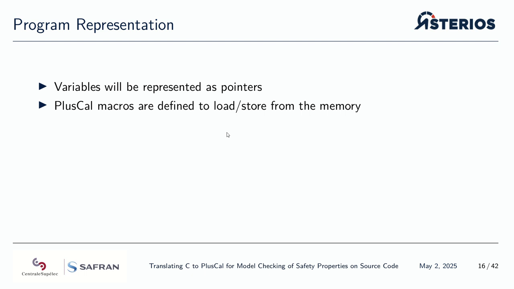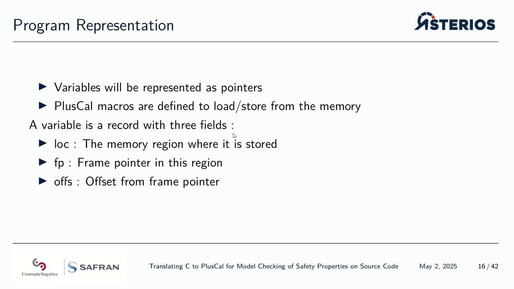To represent C variables, we will use pointers. So variables will be represented as pointers to their values in the memories. And PlusCal macros will be defined to load and store directly from the memory. When I say that variables will be represented as pointers, I mean that a C variable will be represented in the PlusCal verification as a record with 3 fields.